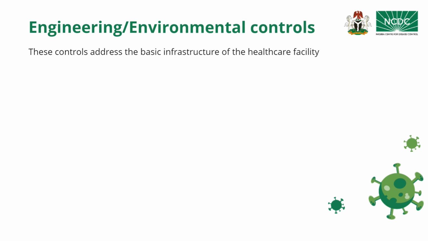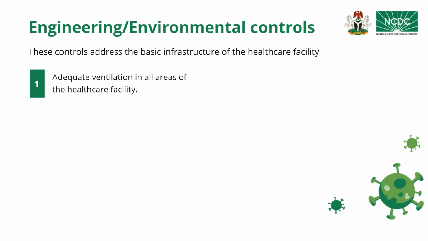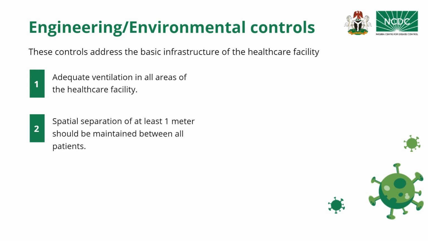These controls address the basic infrastructure of the healthcare facility. Ensure that there is adequate ventilation in all areas of the healthcare facility. Spatial separation of at least 1 meter should be maintained between all patients. Both spatial separation and adequate ventilation can help reduce the spread of many pathogens in the healthcare setting.